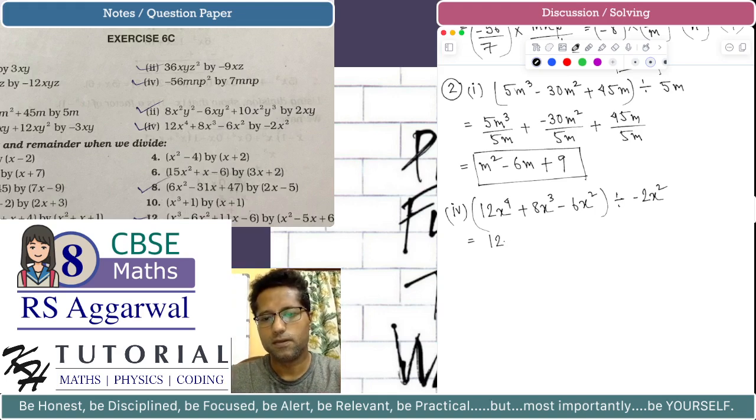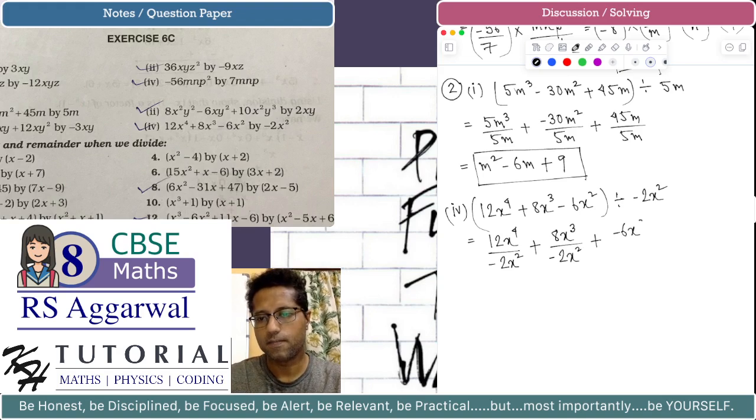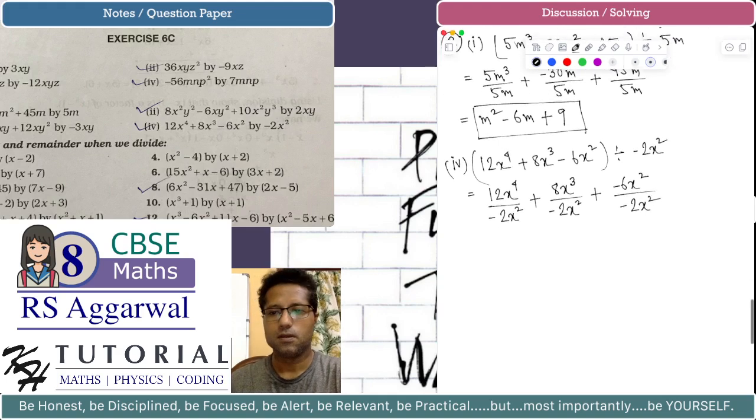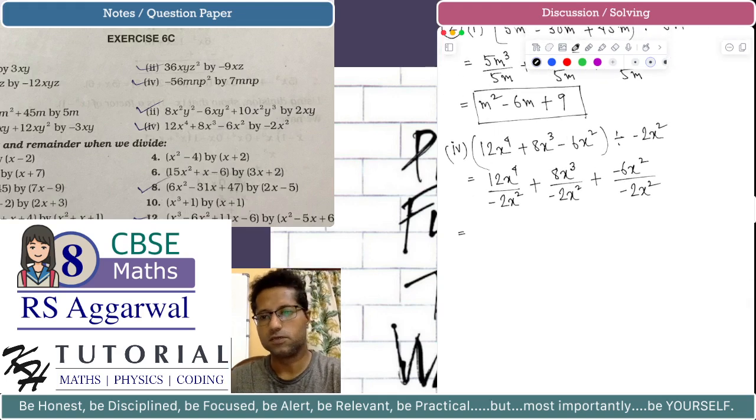So the first term of the polynomial, that is the dividend, is 12x to the power 4, that divided by minus 2x square, plus the second term of the polynomial is 8x cube, that divided by the divisor, that is the monomial minus 2x square, and finally the third term of the polynomial is minus 6x square, that divided by the monomial minus 2x square.